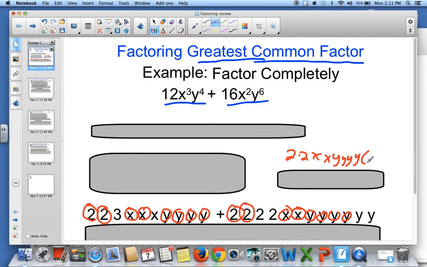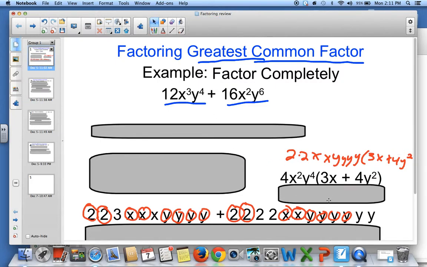And then what's left over after I take out is 3x here, and then the plus sign, and then 2 times 2 is 4, 4y to the second. And then when I simplify that, that would just become 4x to the second, y to the fourth, parentheses 3x plus 4y squared.